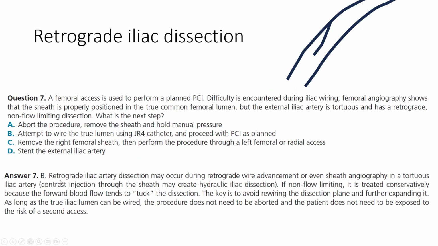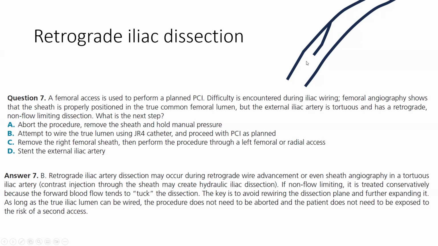This is the idea here. Retrograde iliac artery dissection may occur during retrograde wire advancement or even sheath angiography in a tortuous iliac artery. Contrast injection through the sheath may create hydraulic iliac dissection. If that dissection is non-flow limiting, it is treated conservatively. Because remember, it's a retrograde dissection, so the blood is flowing this way.